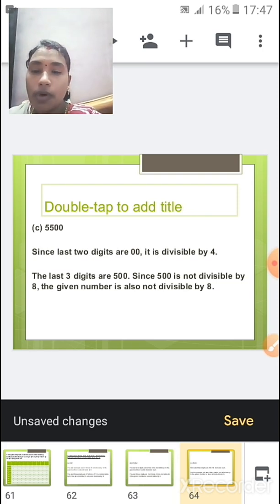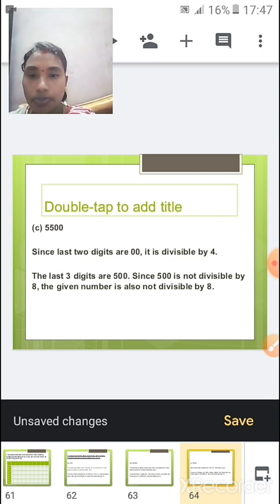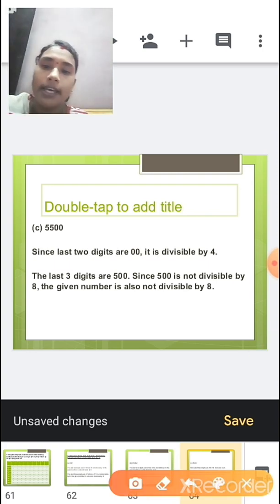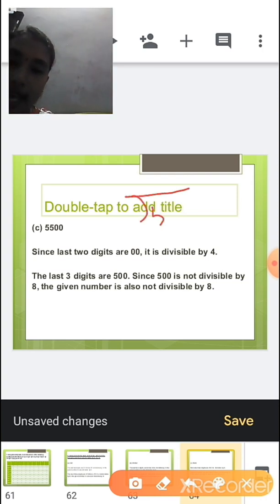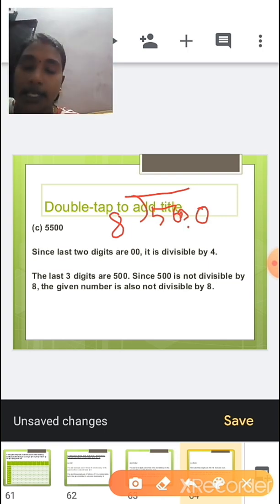So 5500 is divisible by 4. Let us take the last three numbers for finding the divisibility of 8. So when we are taking 500 divided by 8, so let us have 500 here and divided by 8. So 50 will go in 8. How many times?